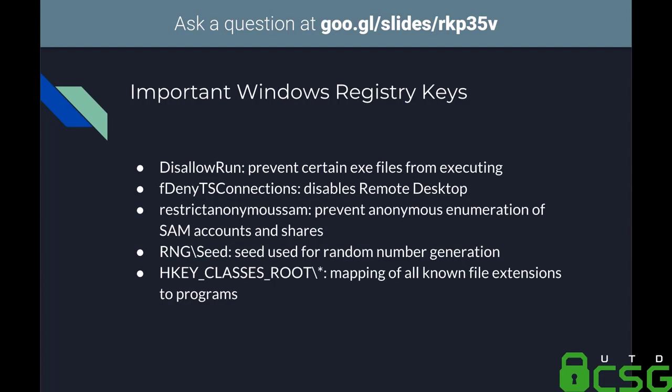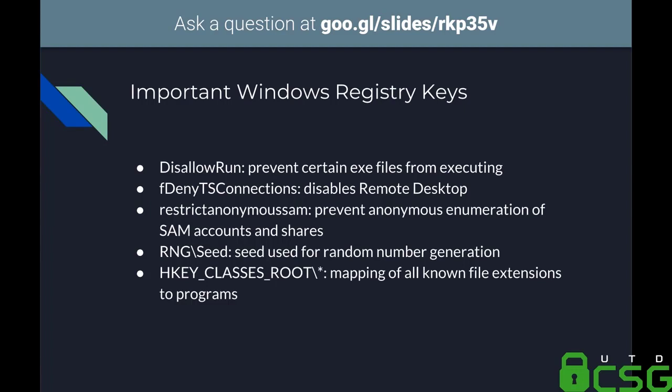Additionally, the RNG seed. There's a bunch of other parent parts of the tree before the RNG seed. That's just the last part of it, but I didn't want to just put seed because it seemed a little vague. But anyway, the RNG seed is useful because for certain applications, your system needs a random seed, or it needs a random number, an initialization vector, or something of that sort.